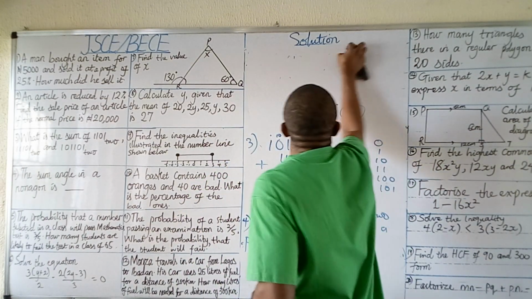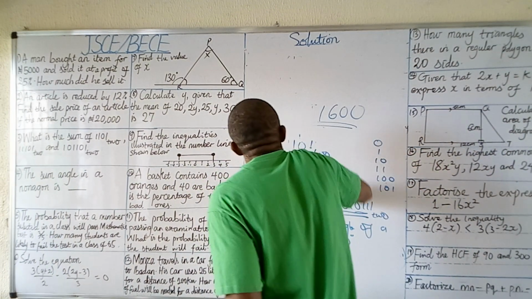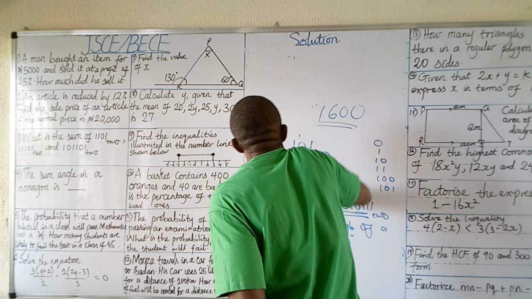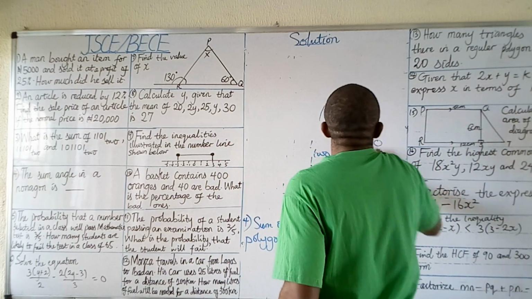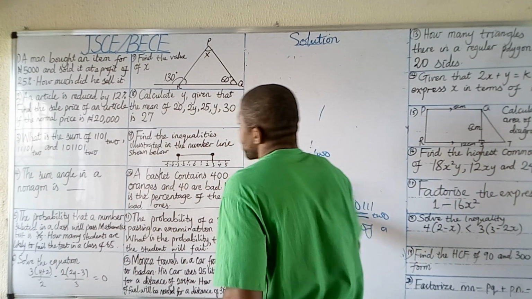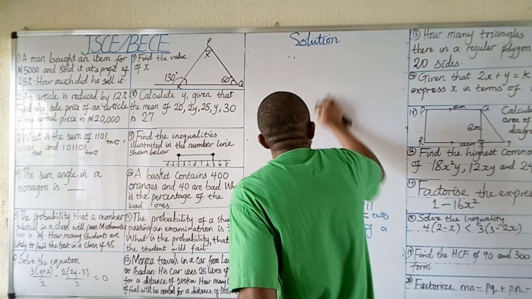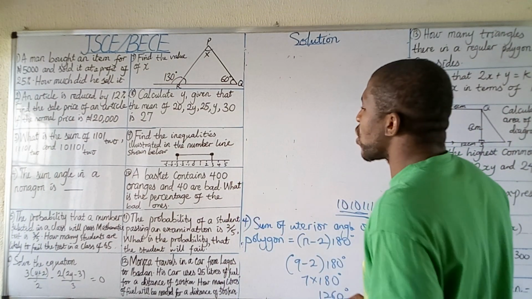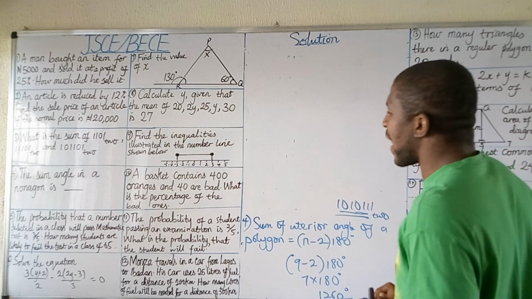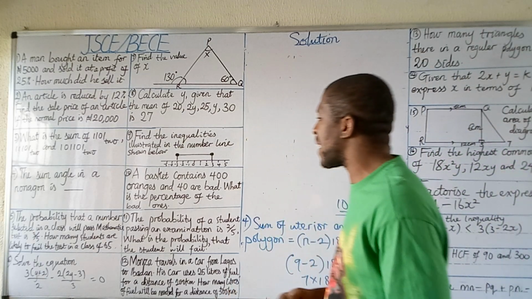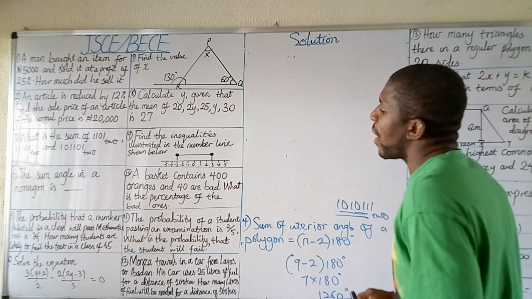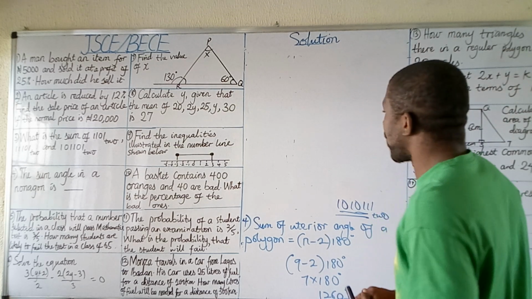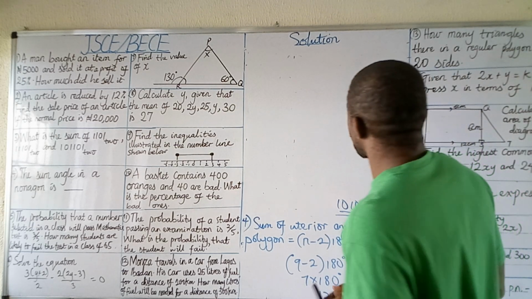Question 5 will be written up here. Alright, so for question 5, I have the question under probability. It reads thus: The probability that a number selected in a class will pass mathematics test is 3 out of 5. How many students are likely to fail the test in a class?